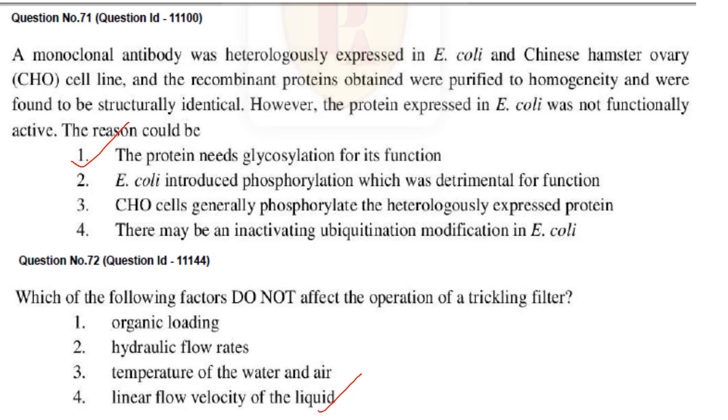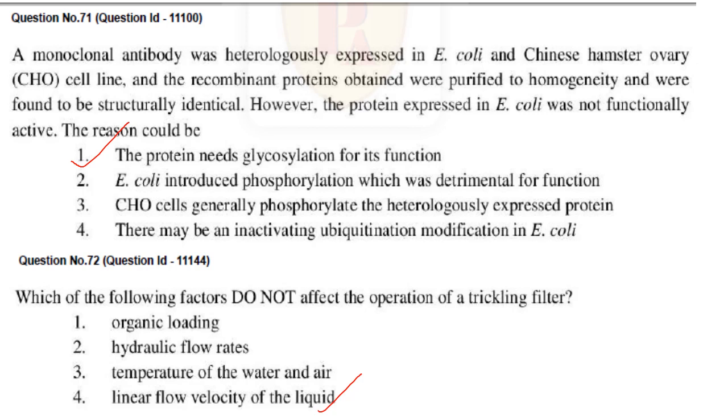The reason could be: they have taken a monoclonal antibody from another source and expressed it in E. coli as well as in Chinese hamster ovary cell lines. Then the recombinant protein which was produced was extracted and purified and found to be structurally identical. That is, the protein extracted from E. coli and Chinese hamster ovary cell line were found to be structurally identical.